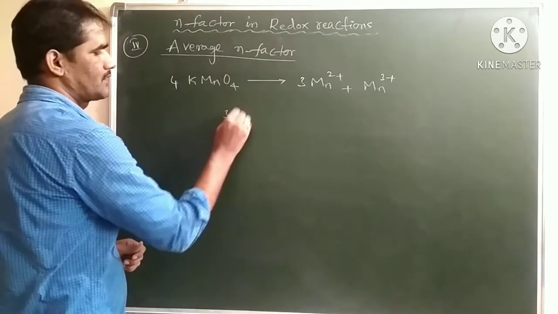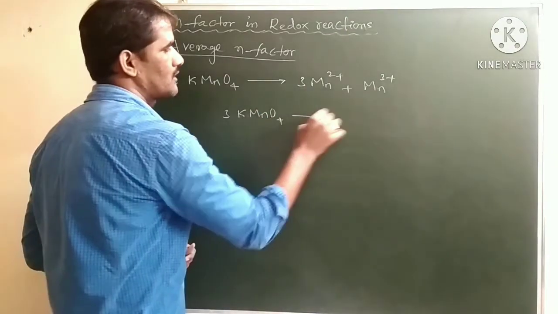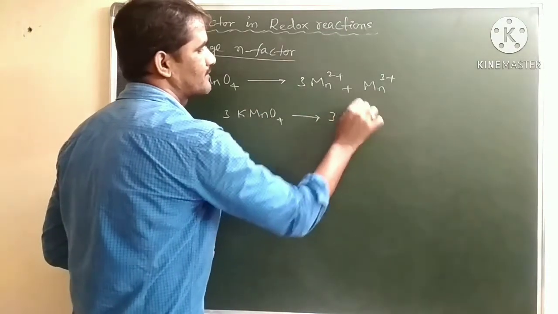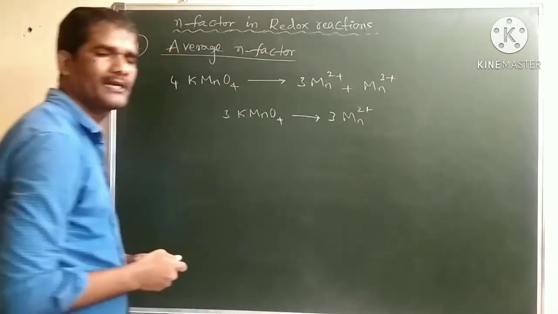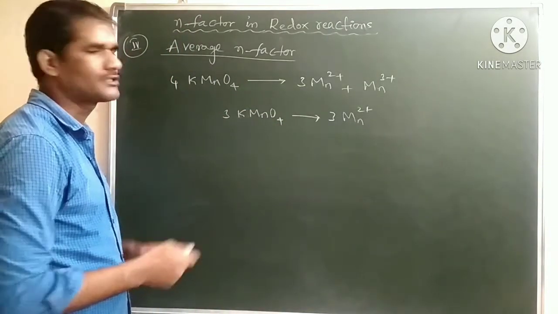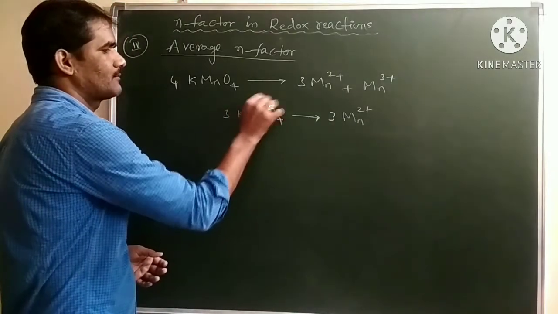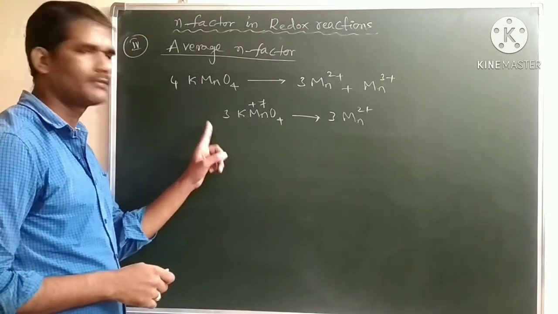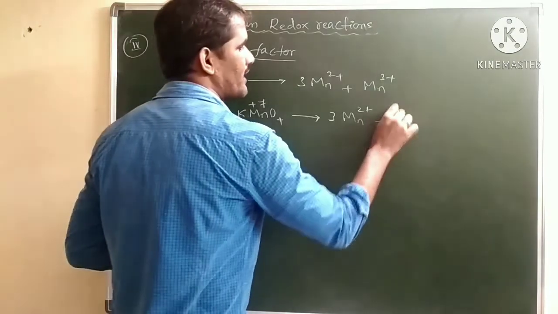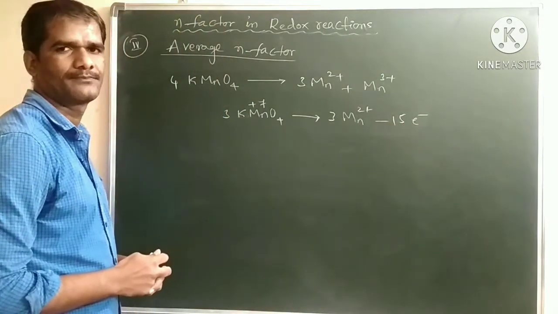So 3 KMnO4 are giving 3 Mn2+. To convert 3 KMnO4 to 3 Mn2+, how many electrons are transferred? Again +7 to +2, 5 electrons per molecule. There are 3 molecules, so it requires 15 electrons.